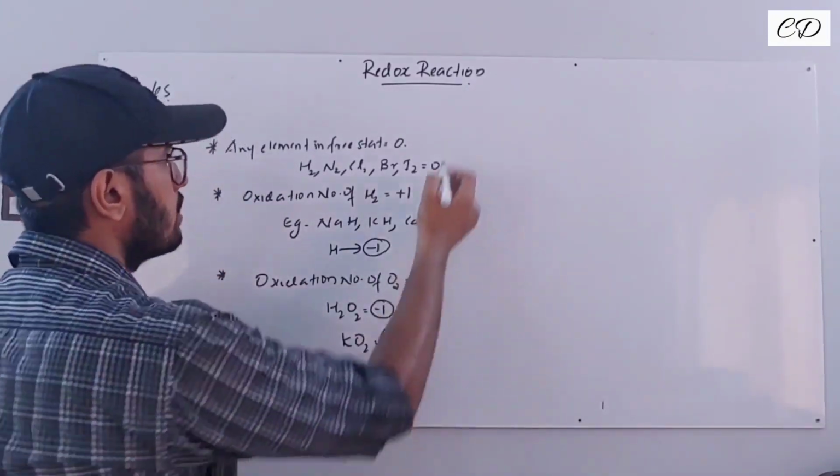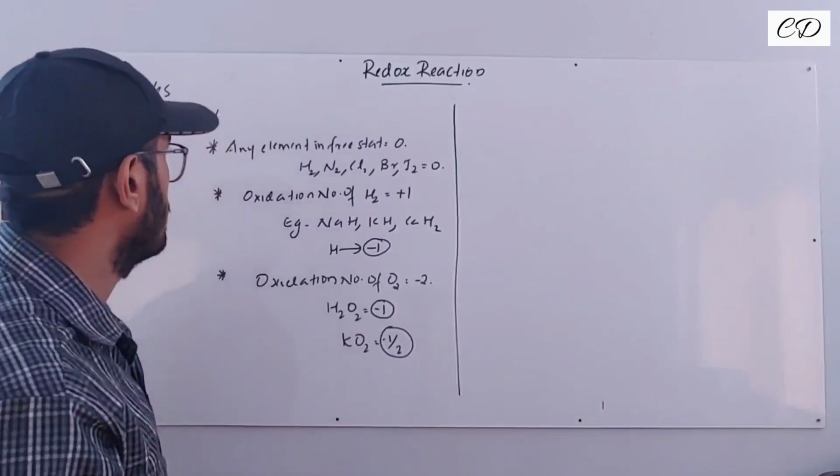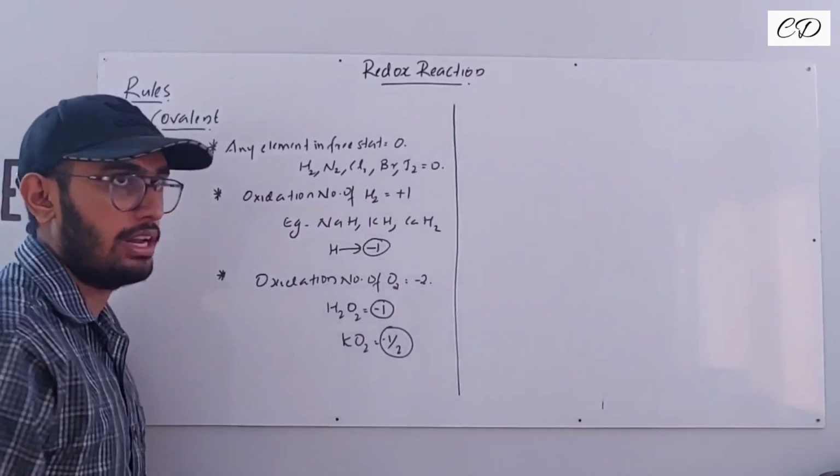So these are the 3 points for oxidation number in covalent compounds.